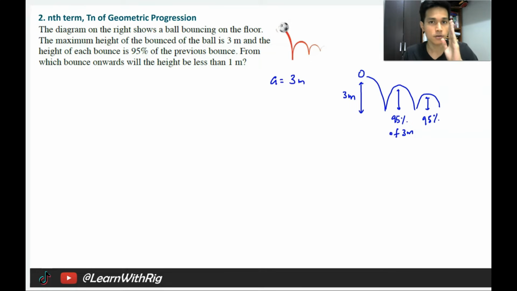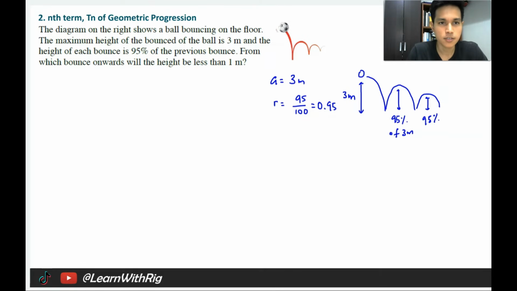That's the first term of the sequence. And then for every subsequent term, you basically have to multiply by 0.95. So 95% means the common ratio is 95 over 100, which equals 0.95, because you're multiplying the height of the previous bounce by 0.95. In other words, every common ratio is 0.95. If you understand this, you should be able to solve it.